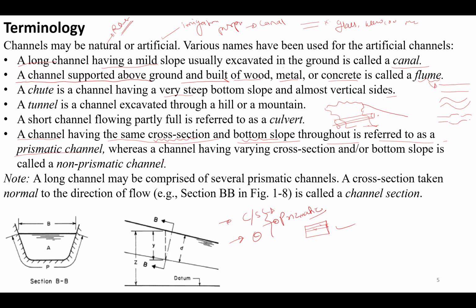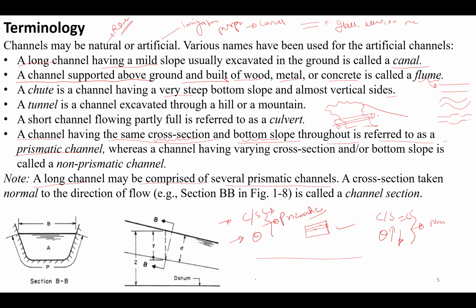Remember, where a channel has a varying cross section or bottom slope, for example, if the cross section is the same throughout the channel but theta is changing, increasing or decreasing, then this type of channel we know as non-prismatic. If anyone is changing, we can tell it is a non-prismatic channel. Note that a long channel may comprise several prismatic channels.